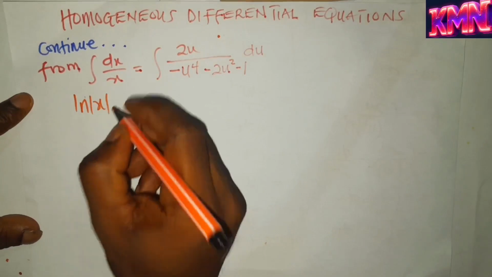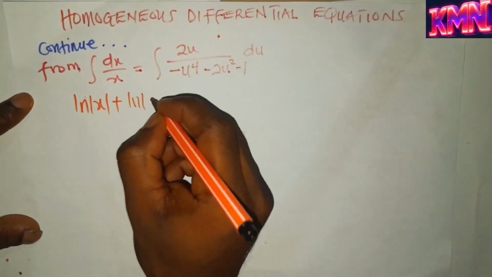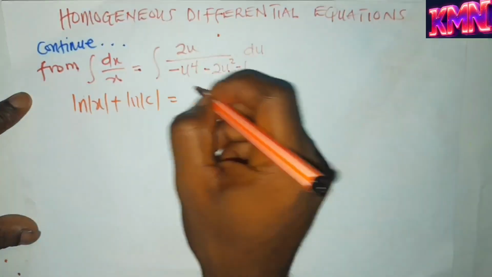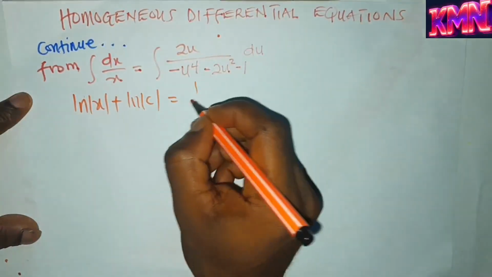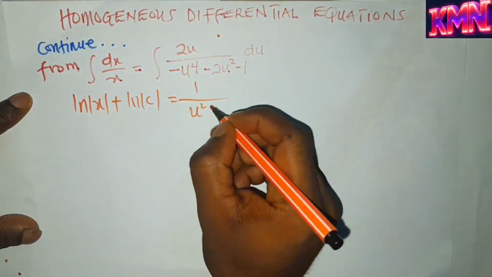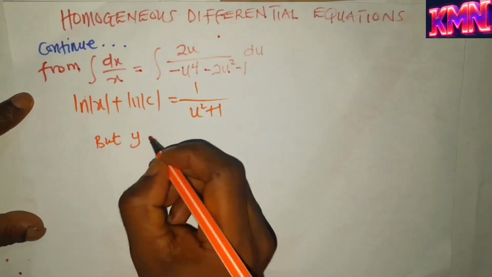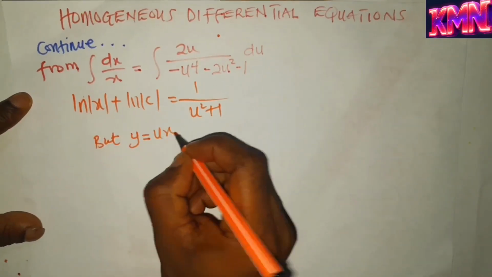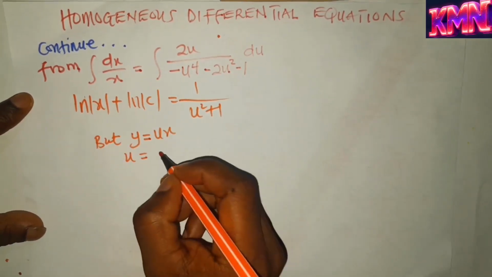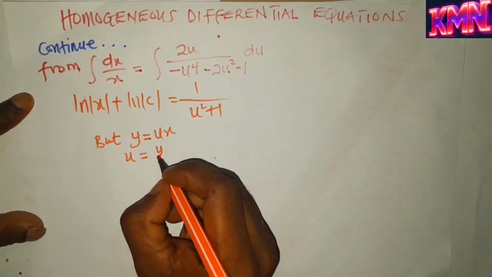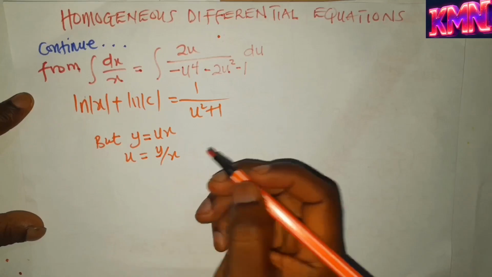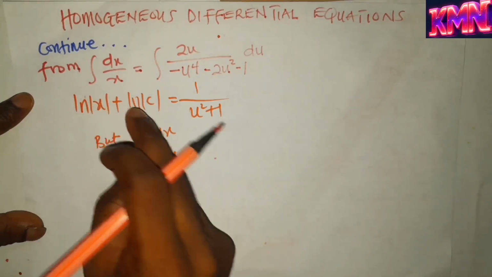This is ln x, then let's add ln c to it, equals, and the whole of this, we had 1 on u^2 plus 1, but we also know that y equals ux. So u becomes y on x. So let's substitute and simplify this side.